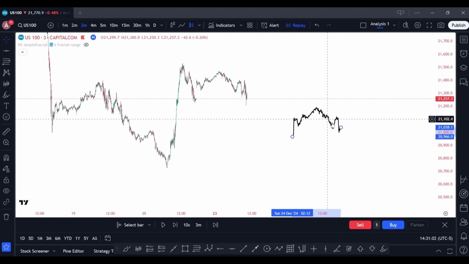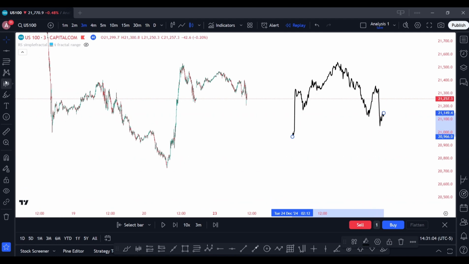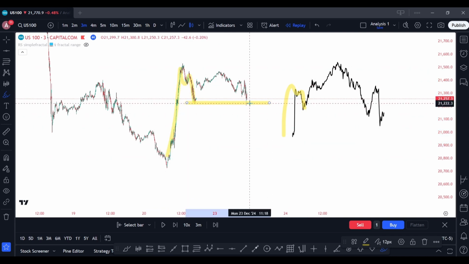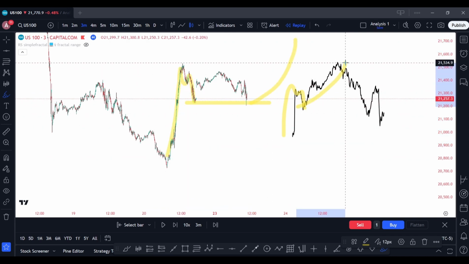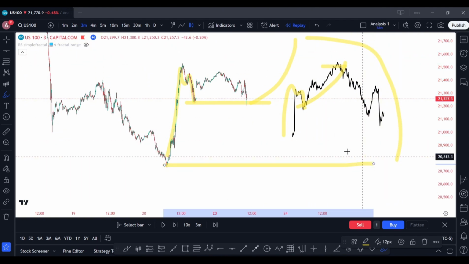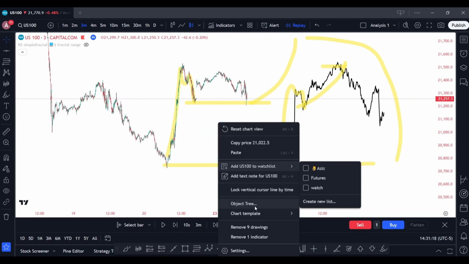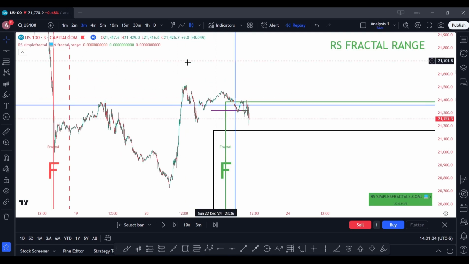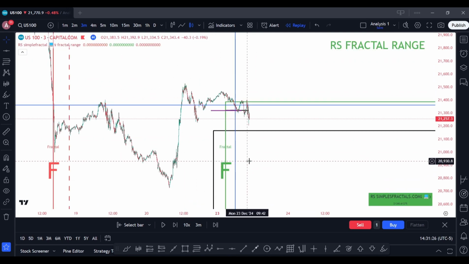And from here, we can see that we have this shape: push to the upside, and then this pullback, push to the upside, and then this pullback. And from here, we know that the price will go on to reach higher levels. And then we can also take a short position to target this low another time, okay? So that's it. You don't need a lot of hard work to do this. You just need to read and understand the right setup right here.